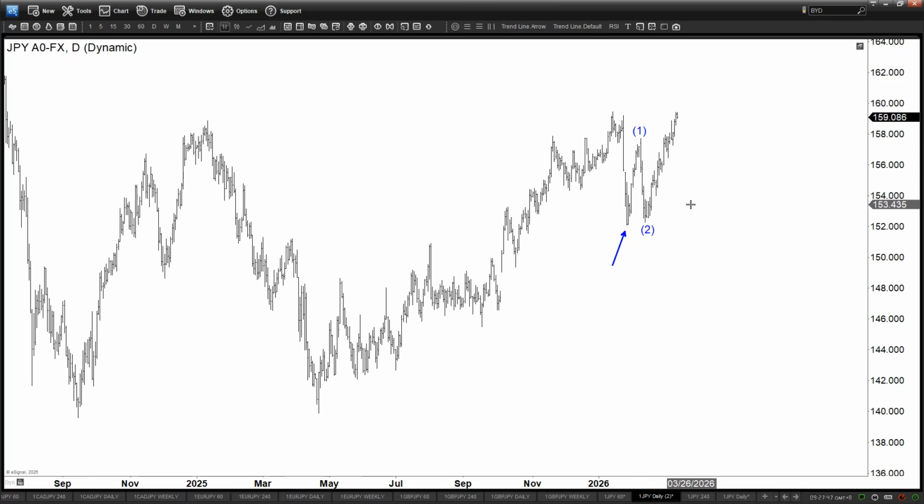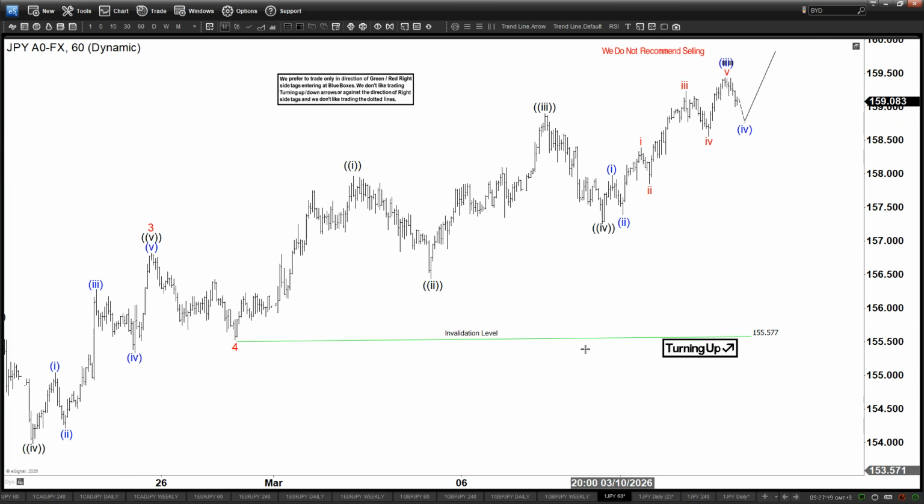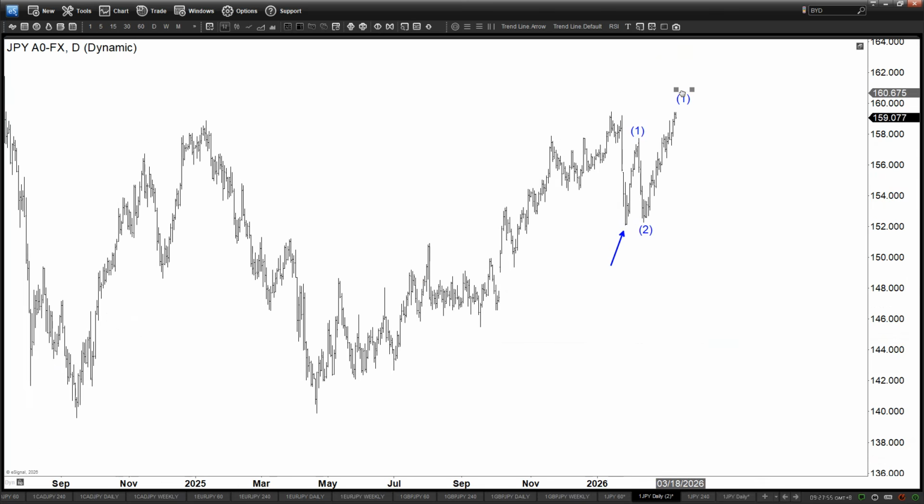Because it's an impulse. So we should be ending like 5 in red, which should be ending 3 in blue. Okay, and then we will get 4 in blue with one more leg higher, at least to finish 5 waves up from January. So it looks to me that with this breakout, it will imply further upside in the USD Yen.